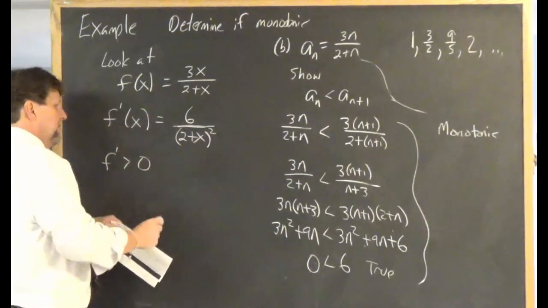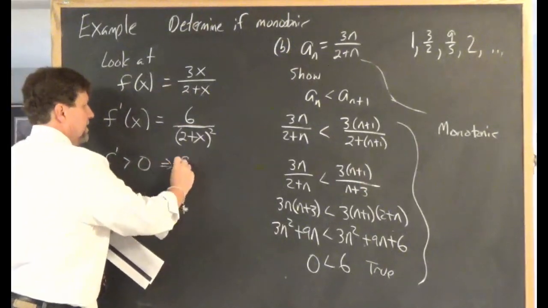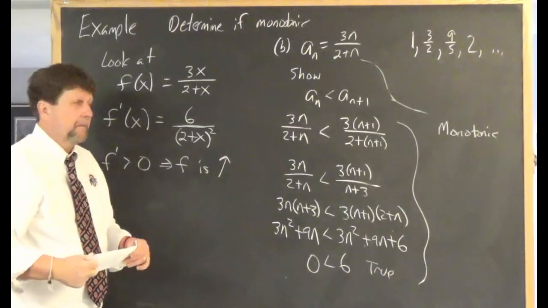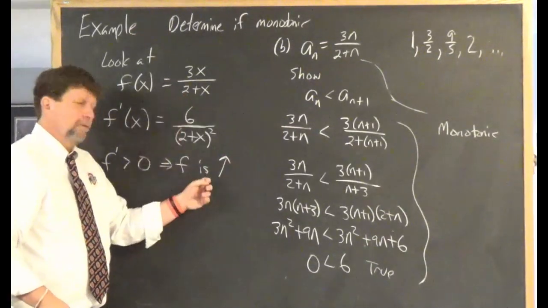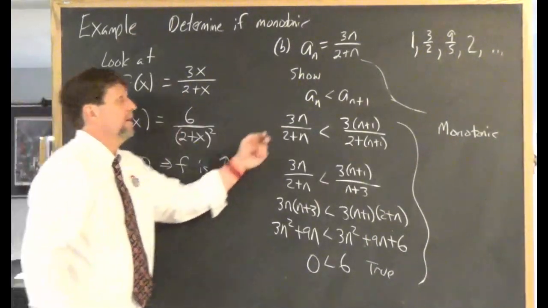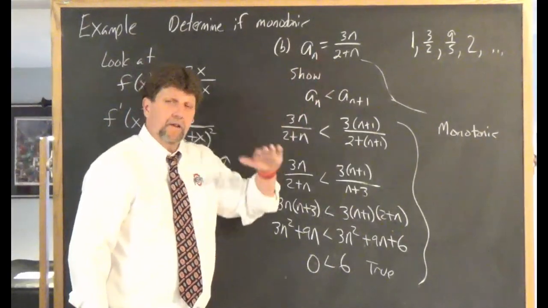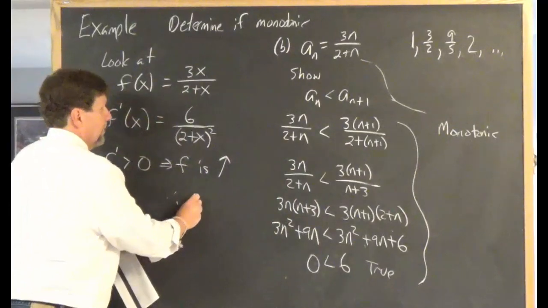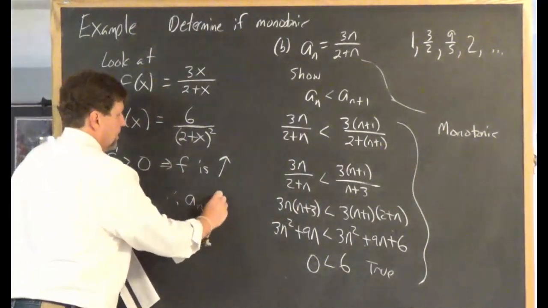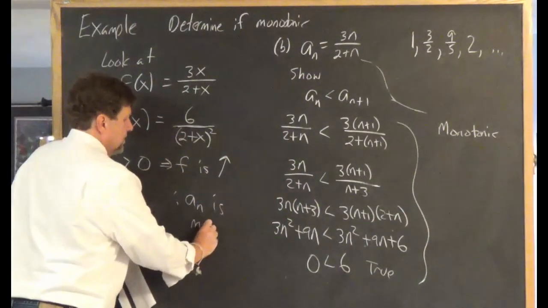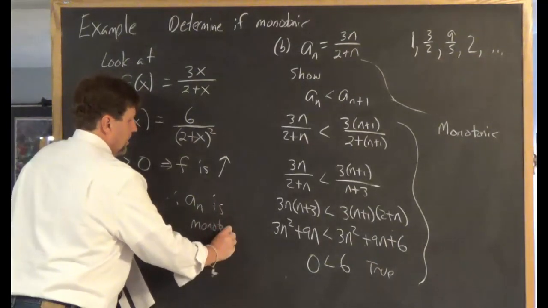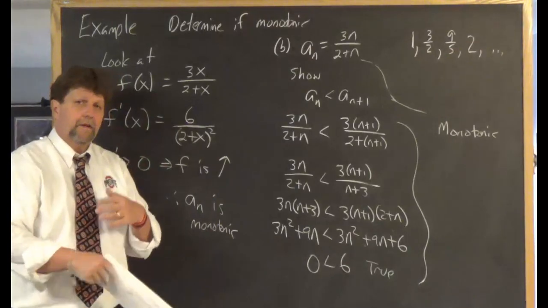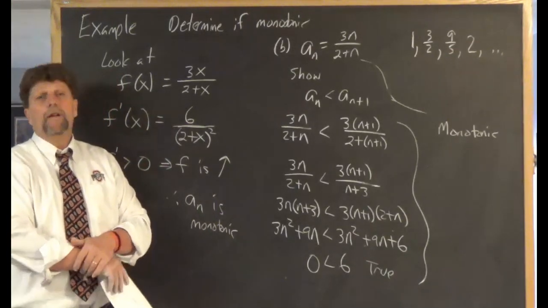If the derivative is always positive, that tells us the function is increasing. If my function of the reals is increasing, the sequence is along for the ride. That tells me a sub n is also monotonic.